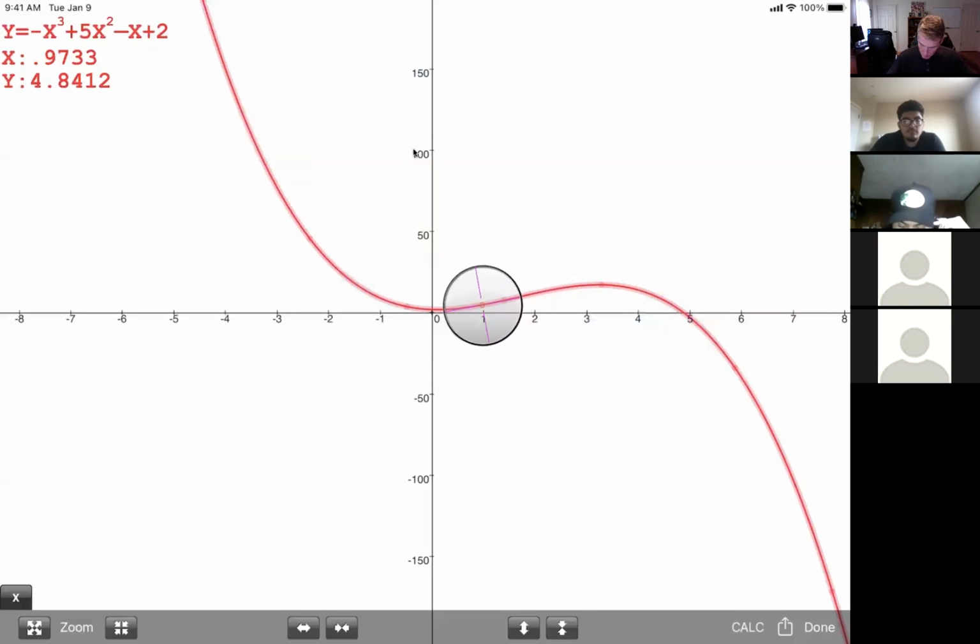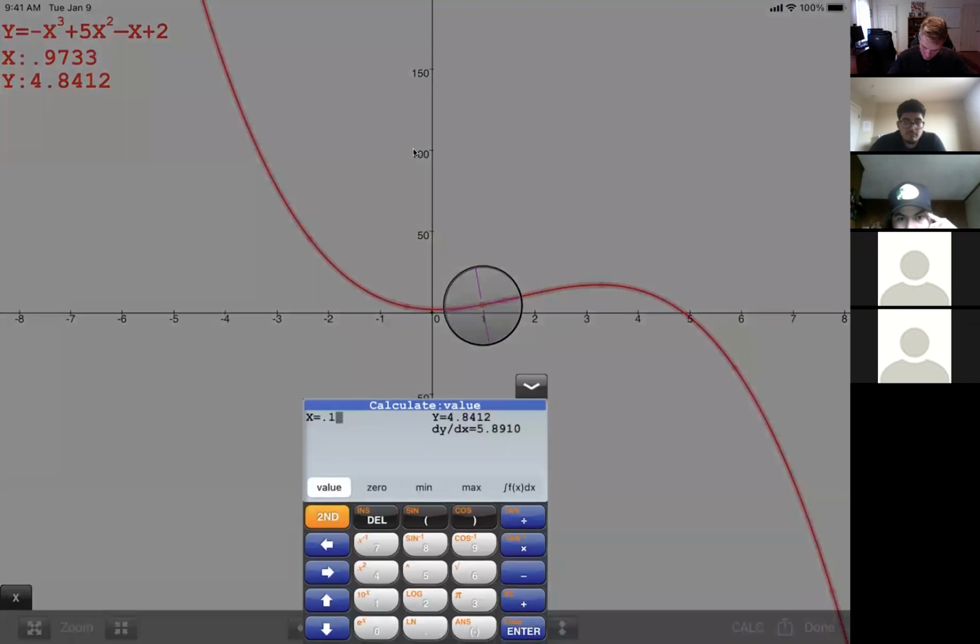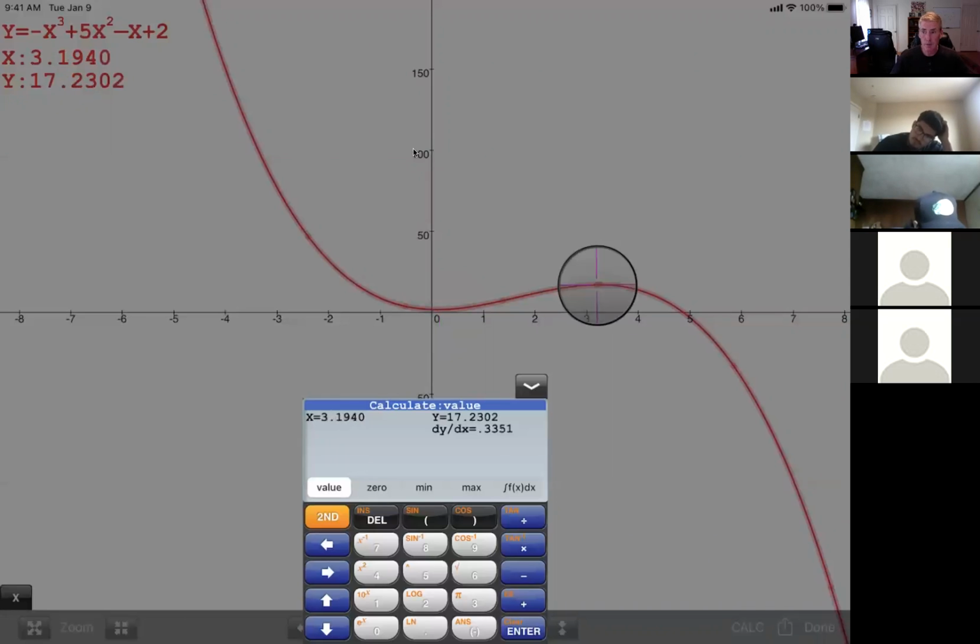So one value was 0.139. So that's the place where it starts going up, and it goes up until it gets to 3.194. So it's only that little region where it's going up, where it's increasing.